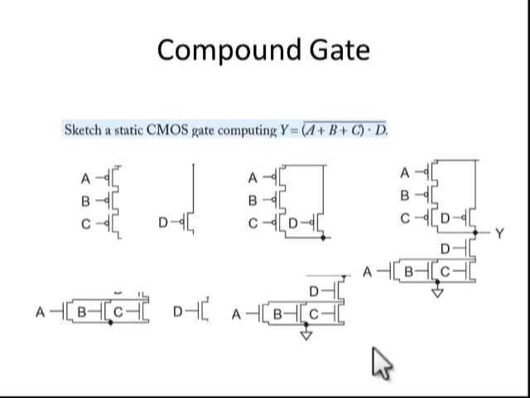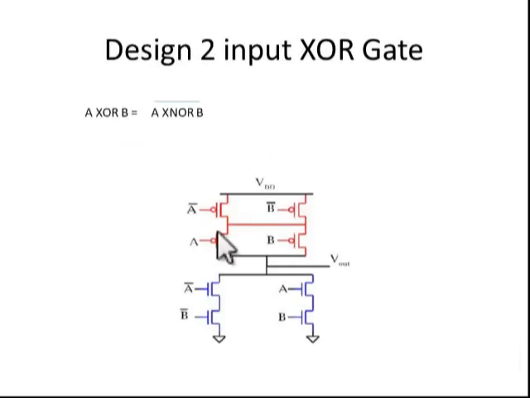Next we will see how to implement the two-input XOR gate using CMOS logic. Usually the CMOS logic is applicable only when we have the whole bar. Suppose if we don't have the whole bar, we have to make the circuit such that we have the whole bar. Or in some cases it is not possible to make a whole bar.